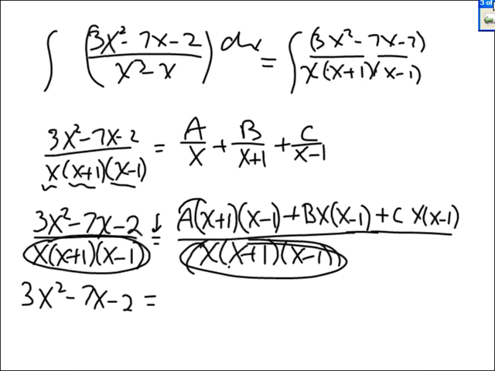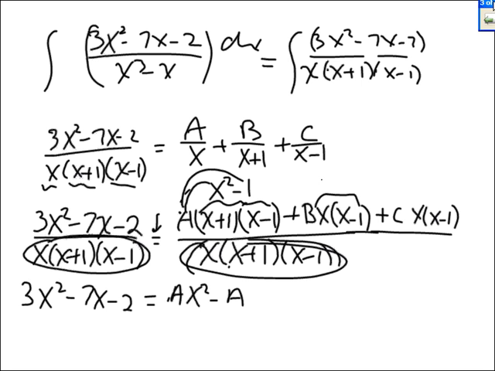Here we have ax plus a. Oh, let me not do that just yet. Sorry about that. This multiplies out to x squared minus 1. When I multiply it by a, I get ax squared minus a.